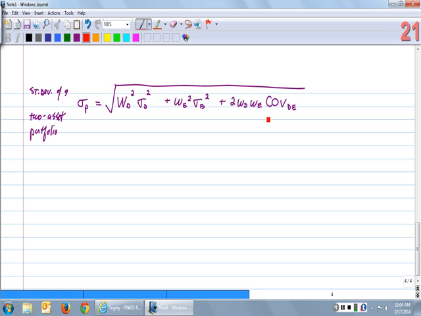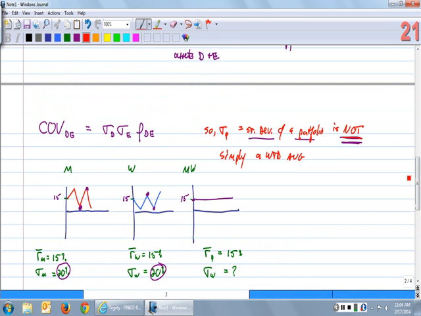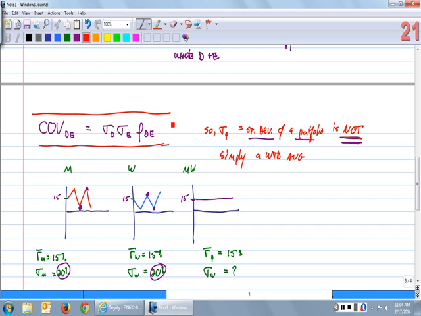Now I'm going to expand that now to be, remember, standard deviation of asset D times the standard deviation of asset E times the correlation between asset D and E. In case you blinked, let's go back and I'll remind you that I showed you right here that if you want to know the covariance between two assets, you take the product of their standard deviations times the correlation.